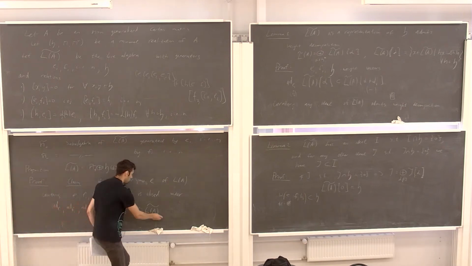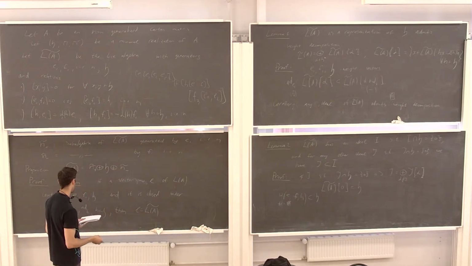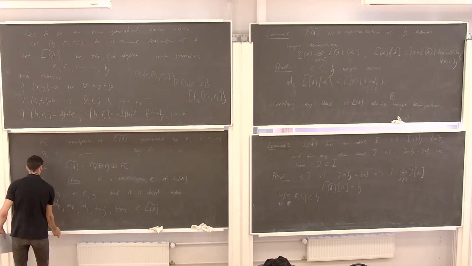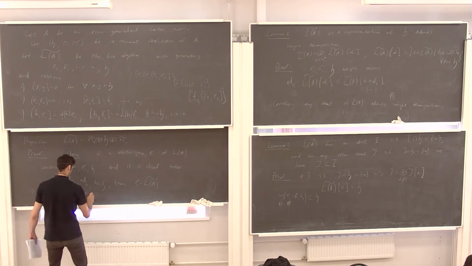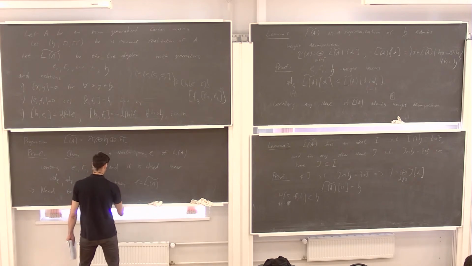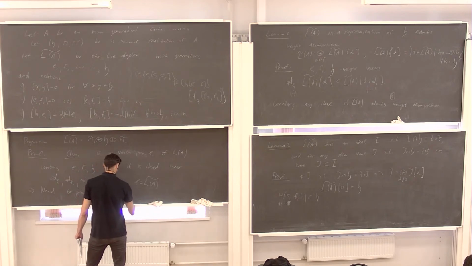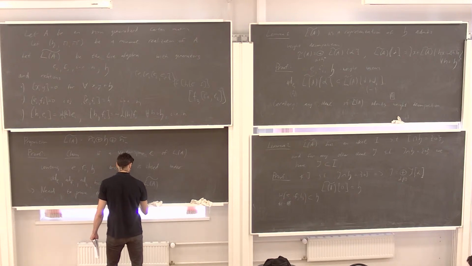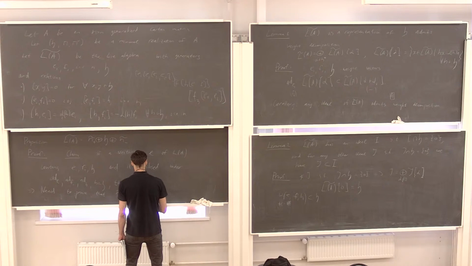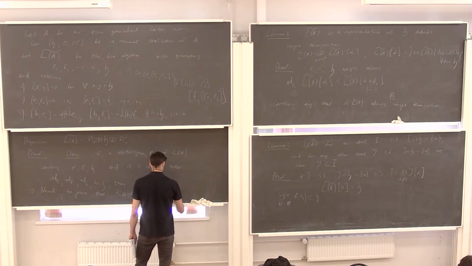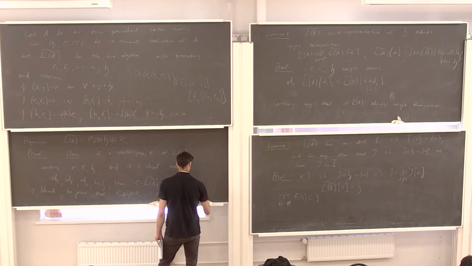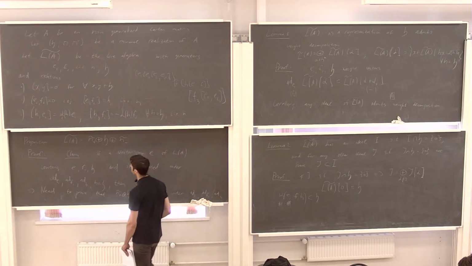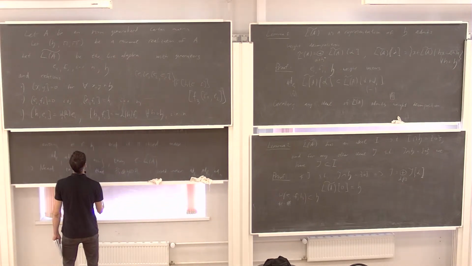So I just need to prove that n plus plus h plus n minus is closed under ad E_i, ad F_i, and ad H. Okay, let's prove this.